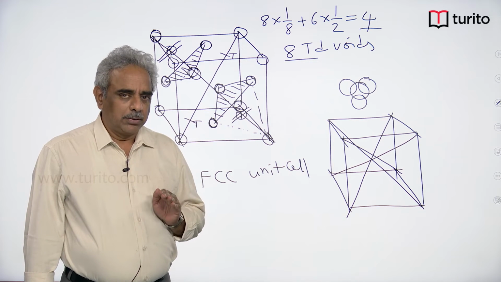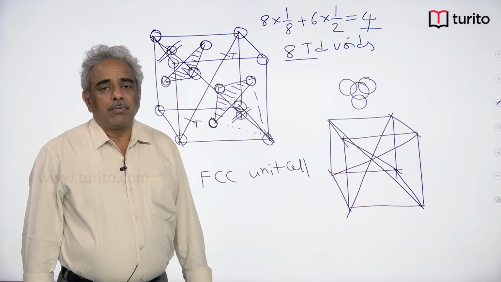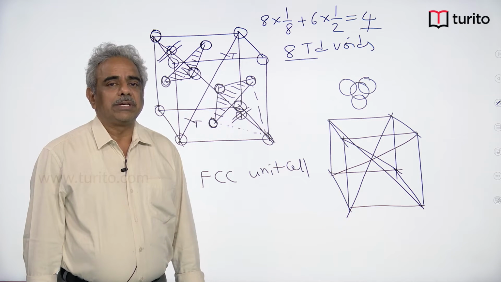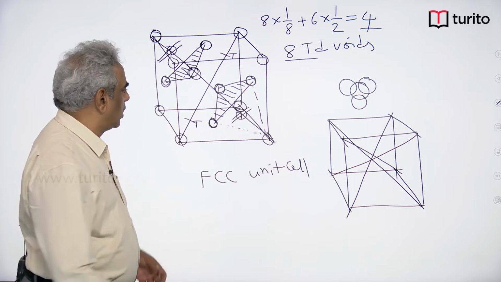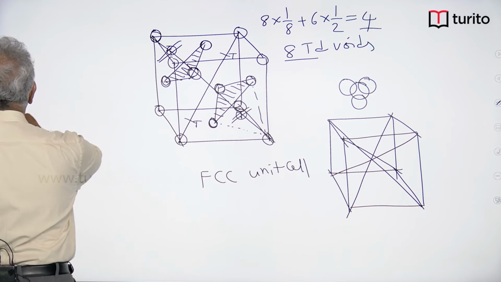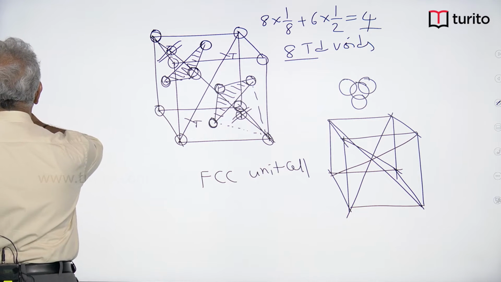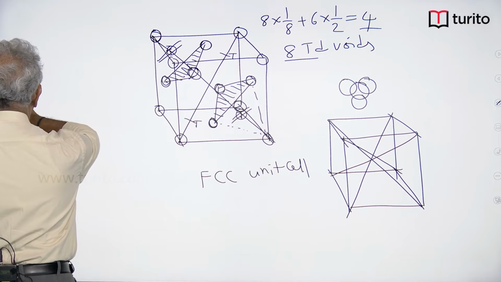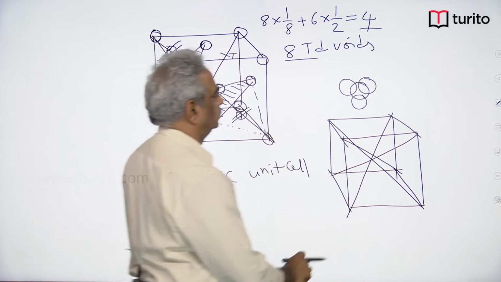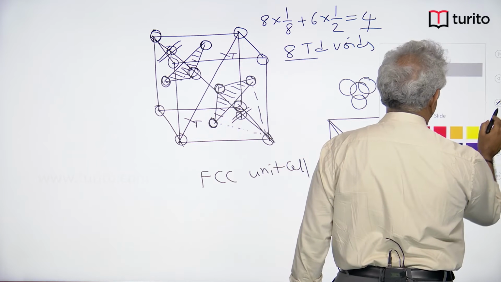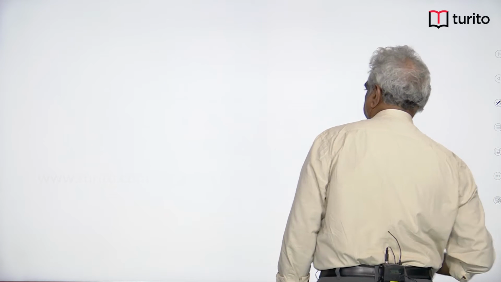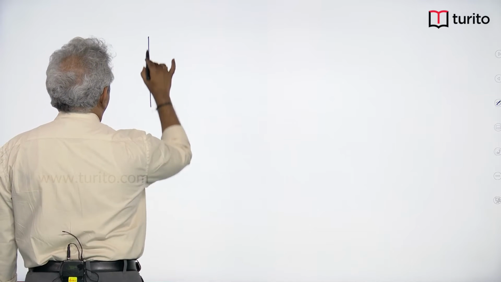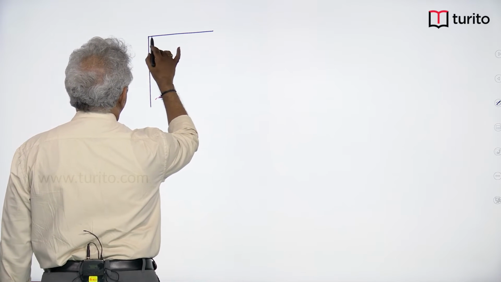Remember this point. How to calculate the number of octahedral voids and how to locate octahedral voids in a face centered cubic unit cell. Let us work out. So, we have already done this.